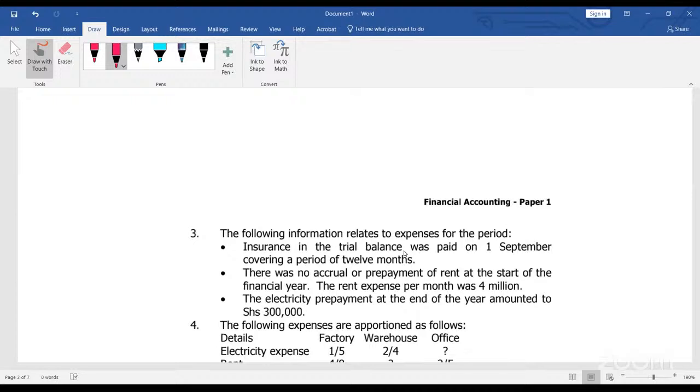Insurance was paid on 1st September, covering a period of 12 months, so we expect to see some adjustment in insurance. There was no accrual or prepayment of rent at the start of the financial year. The rent expense per month was 4 million. Electricity prepayment at the end of the year amounted to 300,000.